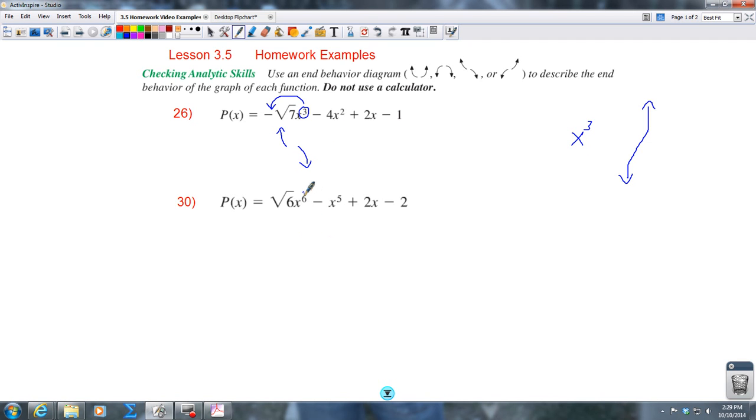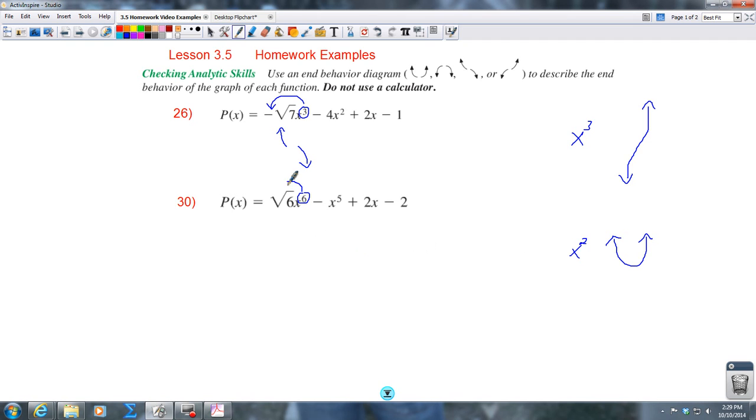On number 30, because this time you're dealing with an even function, all even functions are going to resemble the graph of x squared, which we know is a parabola. For this particular one, the leading coefficient is positive, so the arrows are up and up.